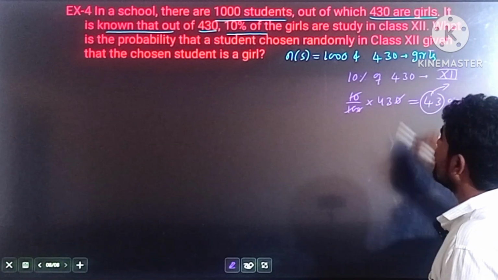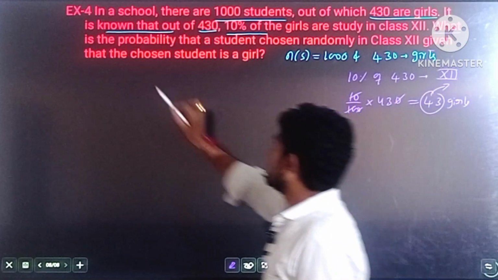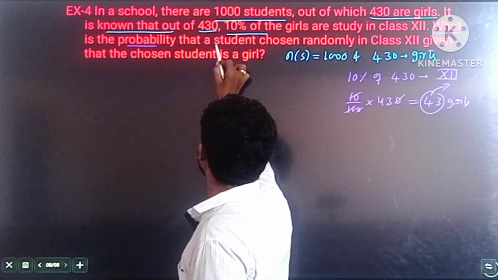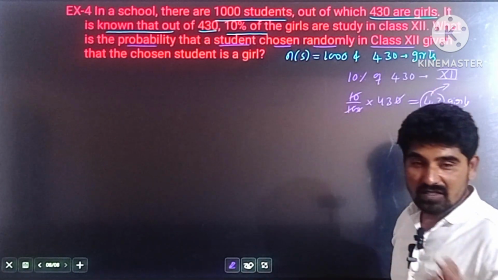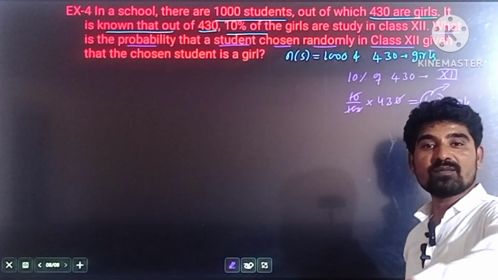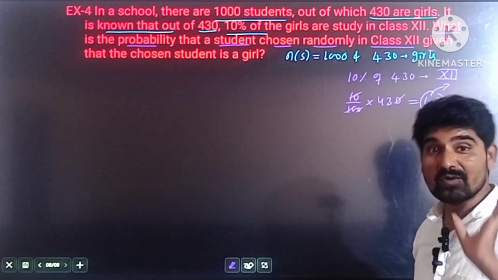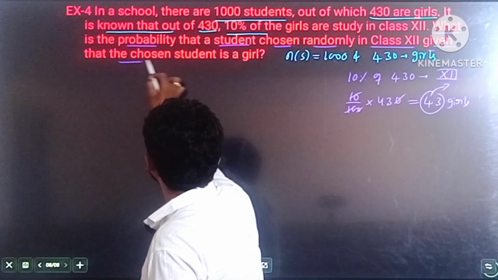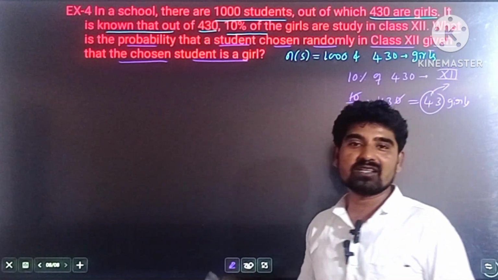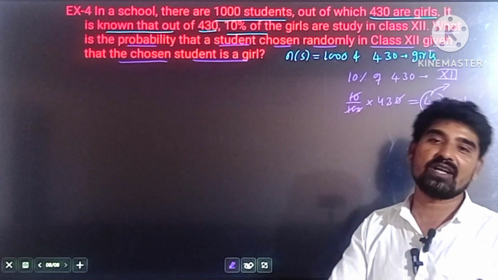And now see here, what is the probability that a student chosen randomly is in class 12? So one student is chosen from class 12. This is the calculating event, given that the chosen student is a girl. That the chosen student is a girl is the given event.